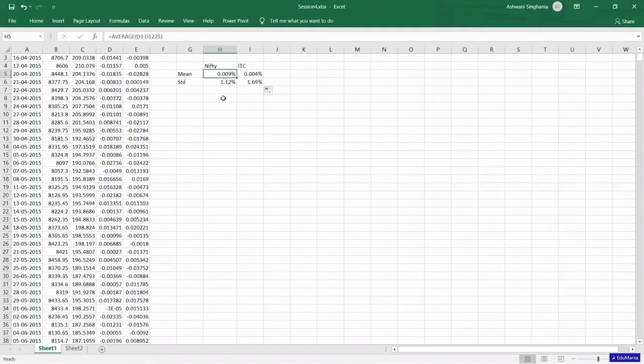I used a few terms over here: population and sample, and then standard deviation. First, let me explain what the population stands for in statistics. Suppose I want to calculate the average speed of all the cars running in India.